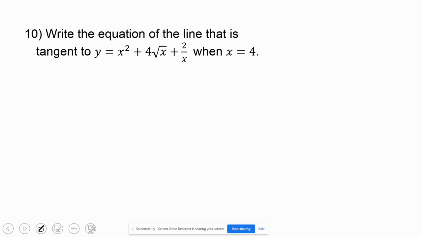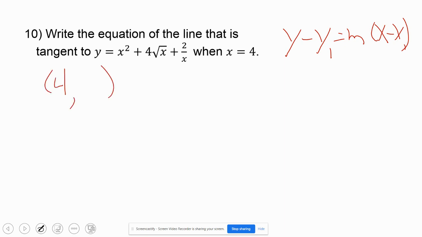And then the last one I have for you: write the equation of the line that's tangent to the following equation. Here's our point slope form. When x is equal to 4, I do have to know what the y is.